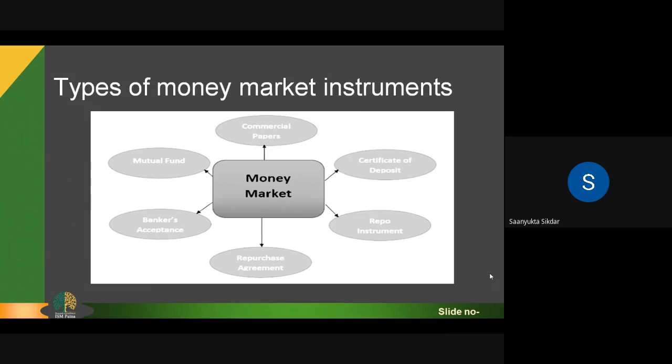Here we are getting a pictorial view of the different types of money market instruments that are usually available, and we talked about them also. Now we will be discussing the important characteristics of the different money market instruments.